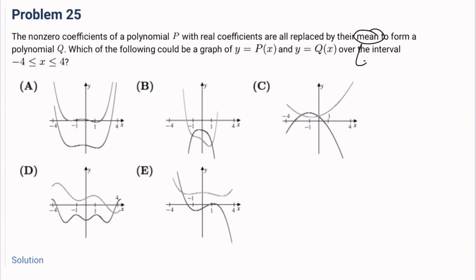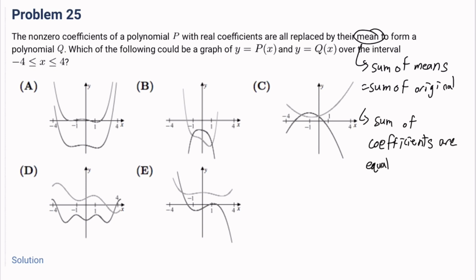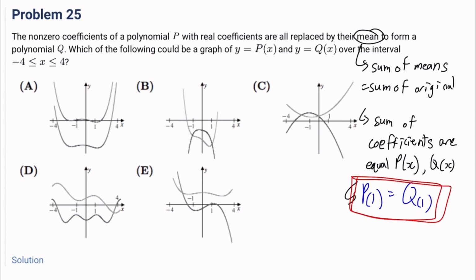And so this means that the sum of the means is equal to the sum of the original values, right? And so this means that the sum of the coefficients are equal in p of x and q of x, and that means that p of 1 should equal q of 1, right? Because if we put x equals 1 into a polynomial, then that always gives us the sum of the coefficients, right? And so we need to find a graph that shows us that p of 1 equals q of 1.